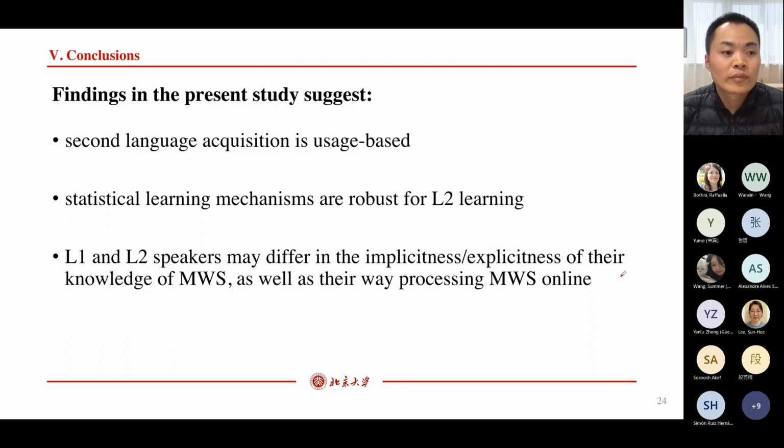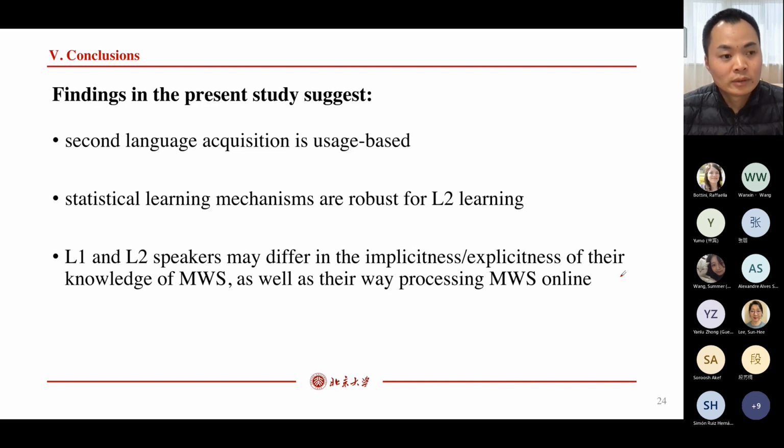The second selling point about this study is that statistical learning mechanisms are robust for L2 learning. Remember, I talked about the study by Saffran and his colleagues, the findings of 8-month-olds being able to track statistical regularities and use that statistical information to detect word boundaries. In second language acquisition, people are always worrying about the critical period and maturational constraints.